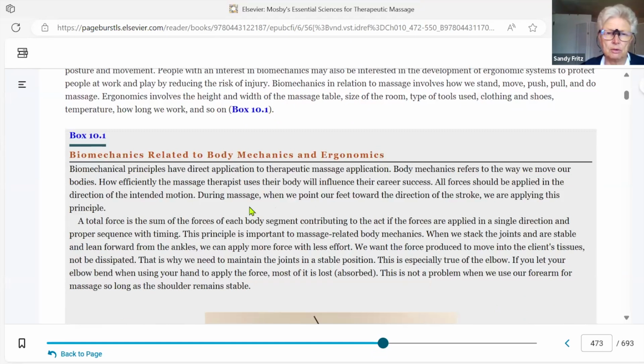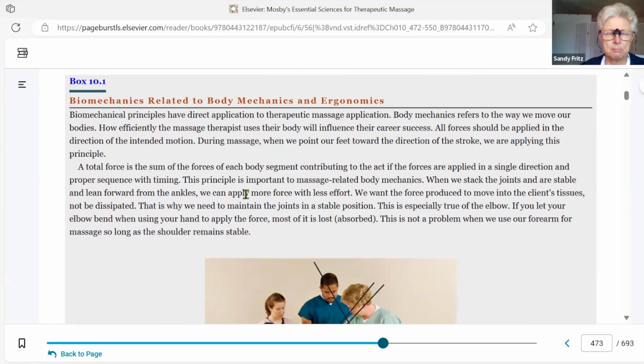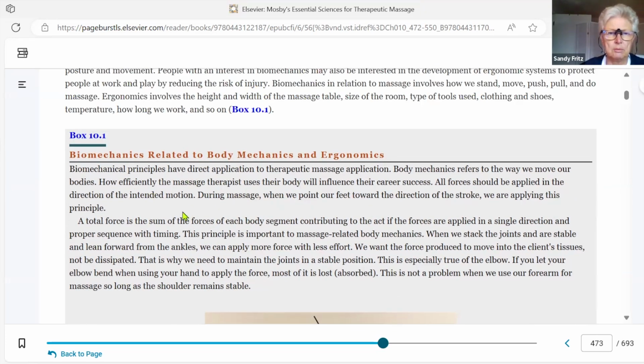Biomechanics is also an important aspect for us in how we use our own body. It is part of the study that would relate to our foot stance and the ergonomics part of it with the size of the room and the type of shoes we wear.